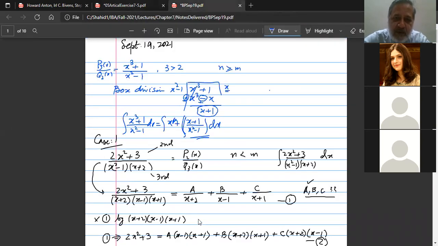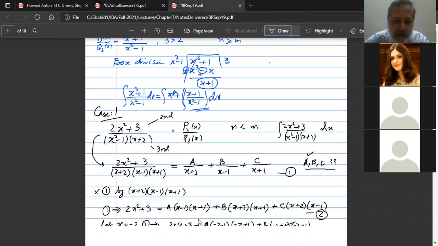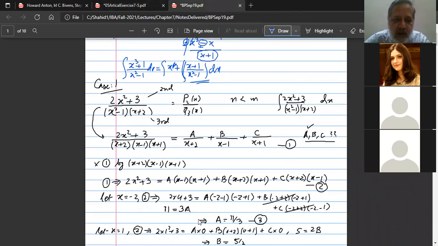So, for example, we have 2x square plus 3 upon a cubic polynomial whose partial factors I have written. If we further factorize x square minus 1, we see that the denominator, which is a third degree polynomial, is factorized into linear factors.